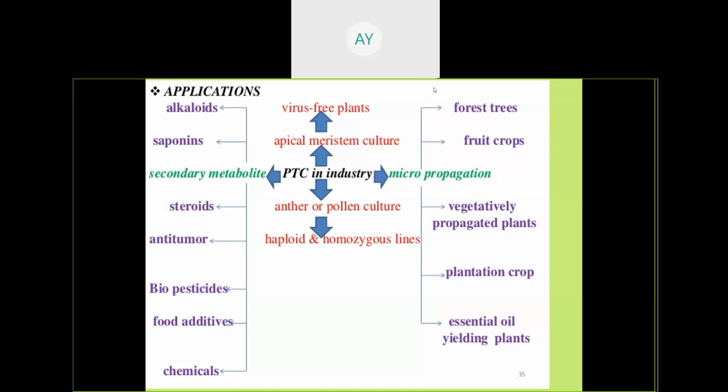So that is the main objective for production of the secondary metabolites.